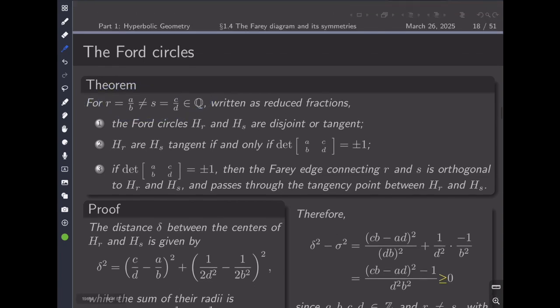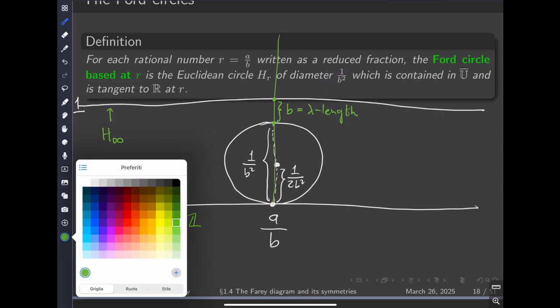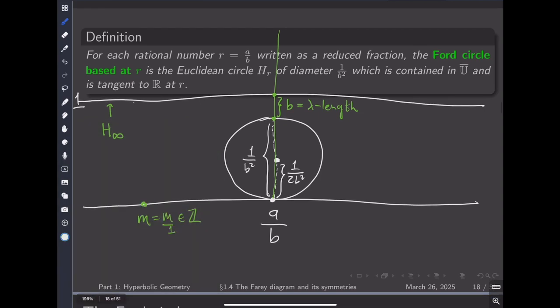Sorry, before going to the rational numbers, if I take an integer, let's say here m, which is m divided by 1, then the Ford circle has diameter 1, so it is indeed tangent to this horocycle.